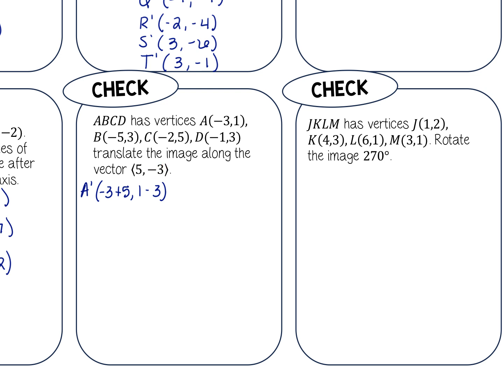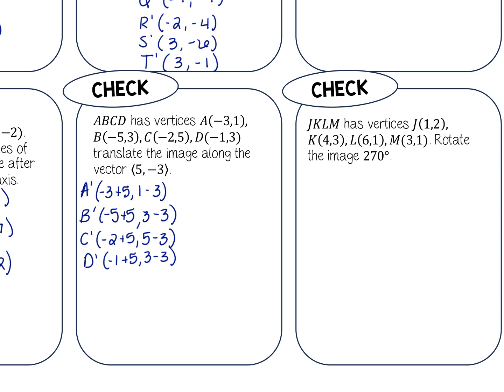B prime is -5 plus 5 and 3 minus 3. C prime is -2 plus 5 and 5 minus 3, and D prime is -1 plus 5 and 3 minus 3.